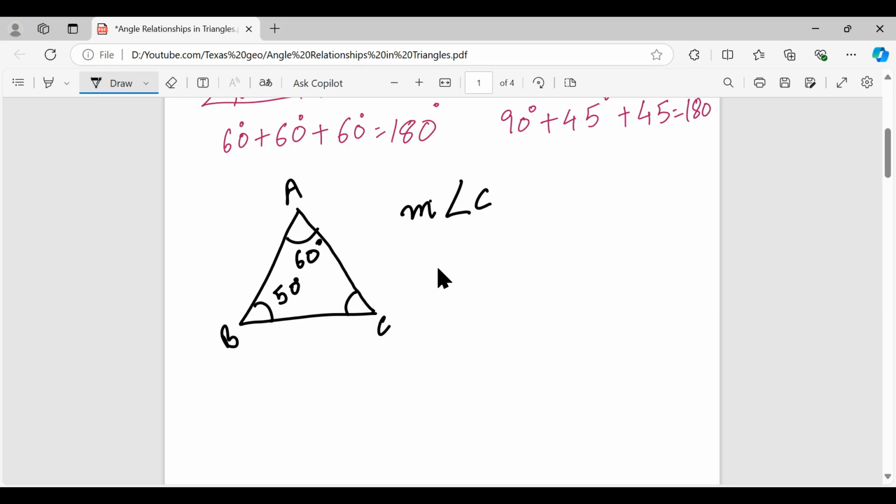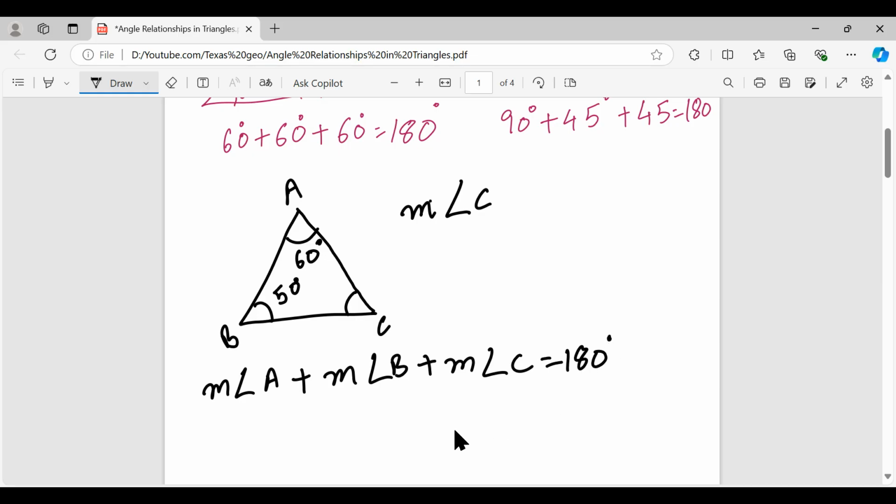So you know that sum of all three angles is 180 degree. So measure of angle A plus measure of angle B plus measure of angle C should give you 180 degree. So following this rule, measure of angle A is 60 degree, angle B is 50 degrees, and then we have to find angle C and the sum is 180 degree.